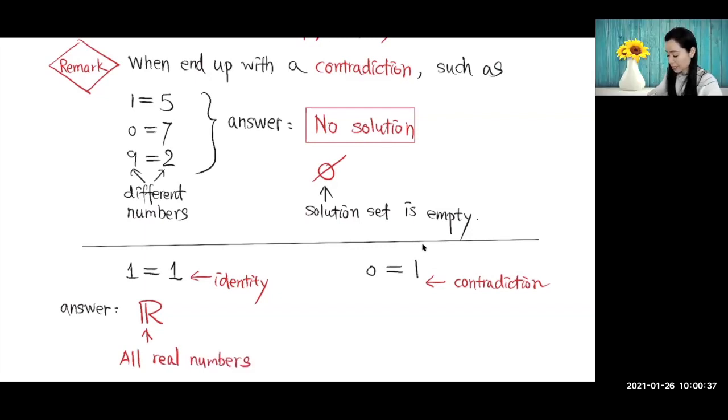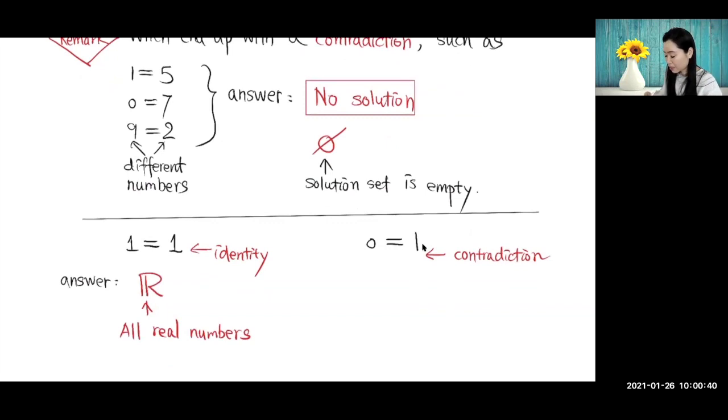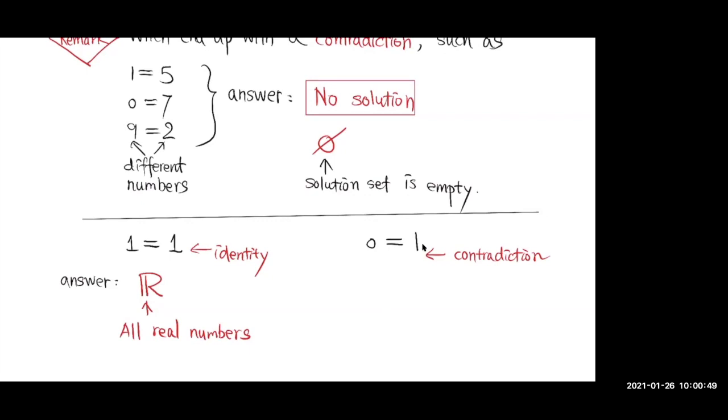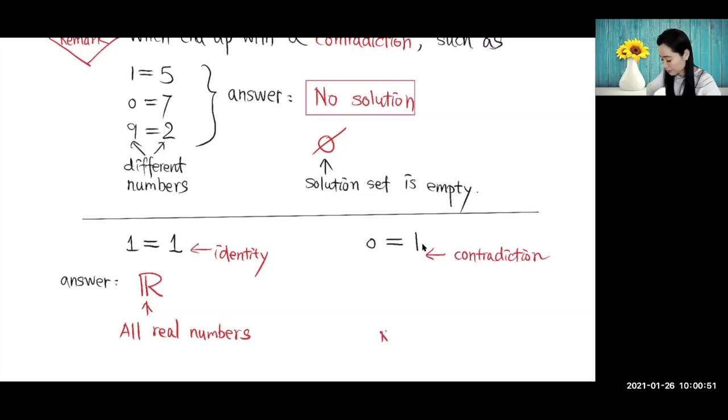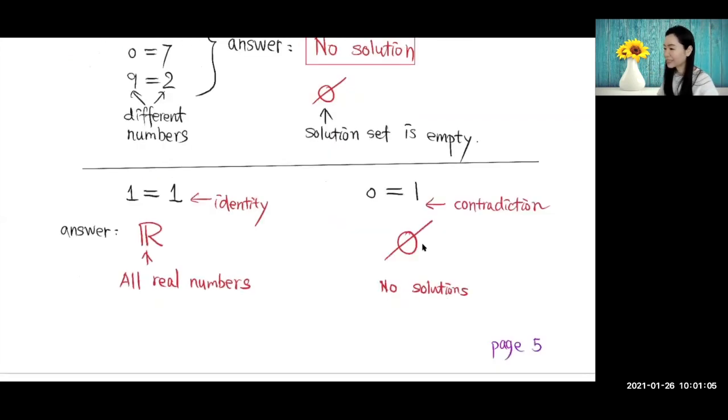Now, if you end up with a contradiction, what's the answer here? No solution. Yes. So we have no solution, and the solution set will be the empty set, 0 with a slash. So we are done today.